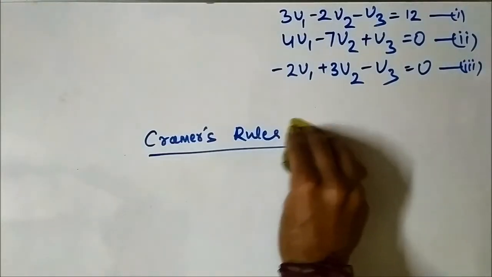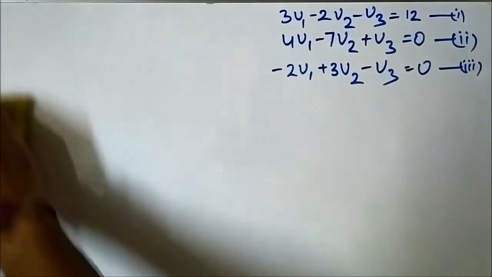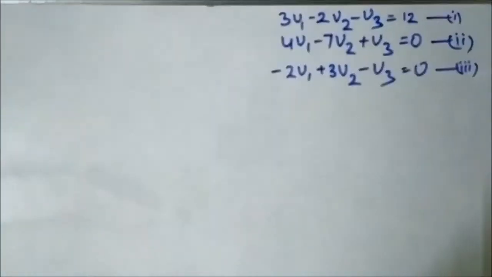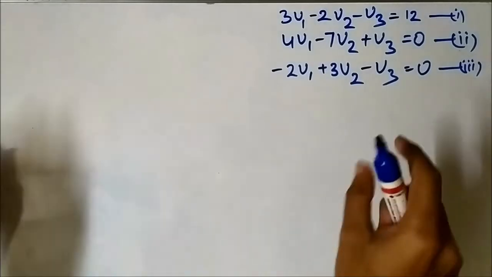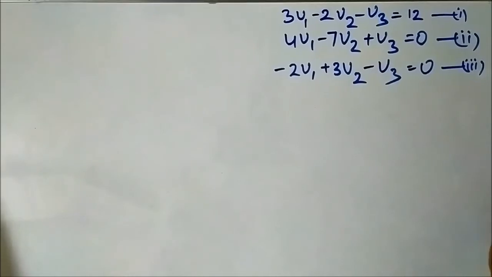Here we are going to discuss how to solve the following system of equations using Cramer's rule. In my engineering mathematics section, I have a detailed video related to Cramer's rule. I have already posted that. You can check out that video. But here I am going to solve this using Cramer's rule.